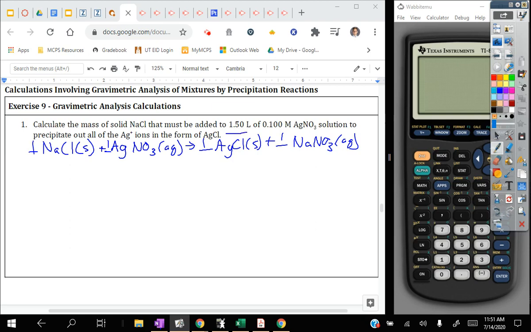To start this problem, we are given liters and a molarity. If you remember your manipulations of the molarity equation, when you multiply liters times molarity, you can find moles. So we will need the moles of AgNO3.